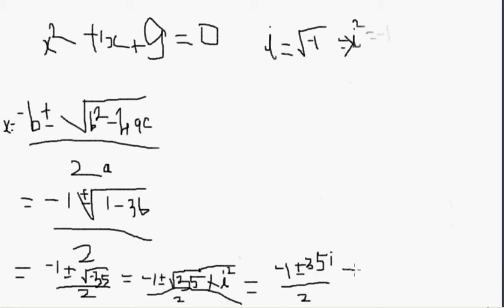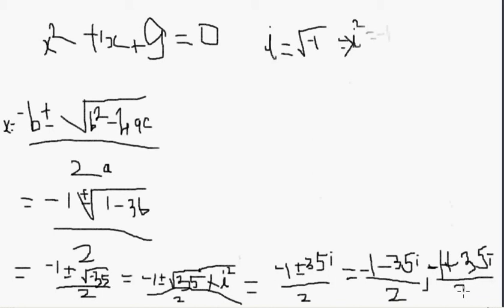So now it's minus 1 minus root 35 i over 2, and minus 1 plus root 35 i over 2.